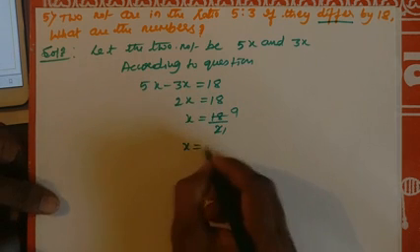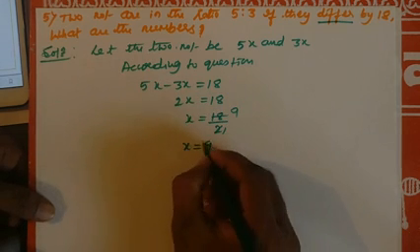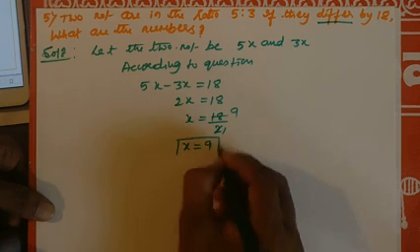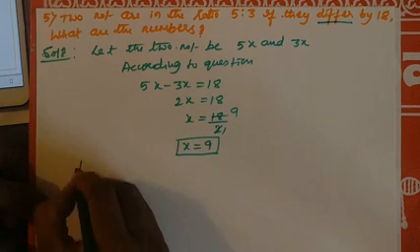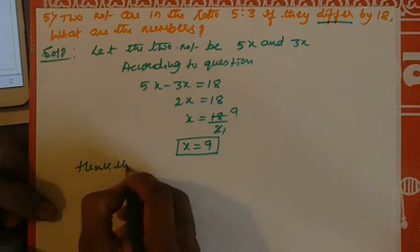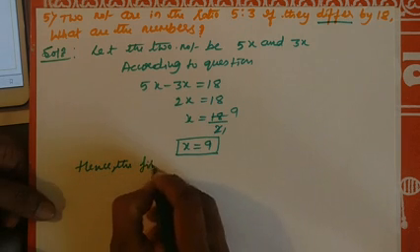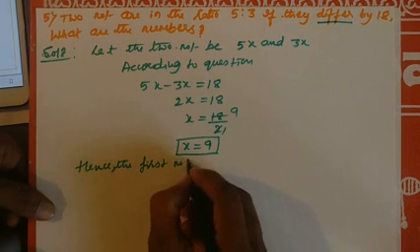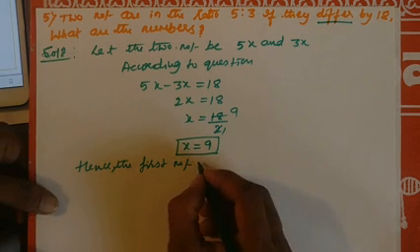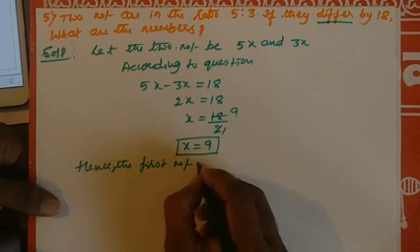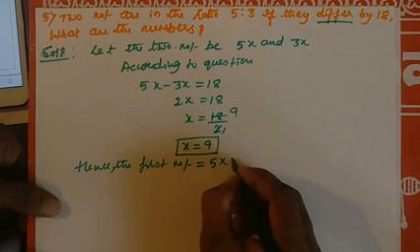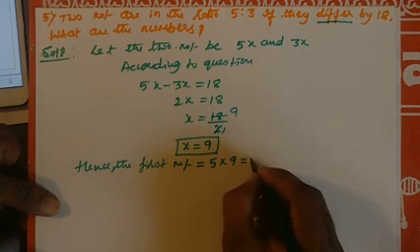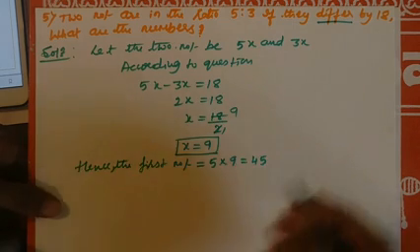Therefore, we got x is equal to 9. Hence, the first number is 5x. 5 into 9 is equal to 45.